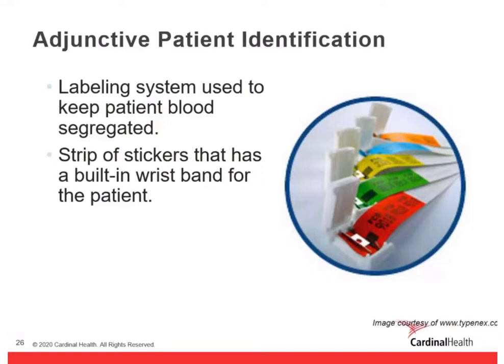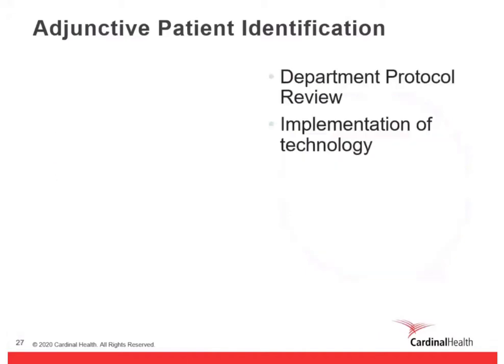There are several different patient identification options available, but almost every one of them involves some sort of patient identification. Usually it's a wristband. Every blood collection kit that we send out has a Type NX band that can be placed around the wrist of the patient, and it has a strip of stickers that can be attached to every single component.